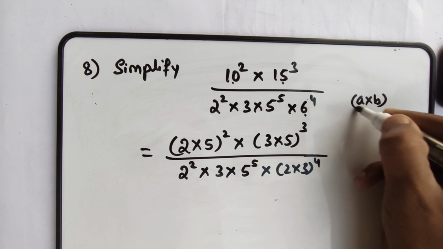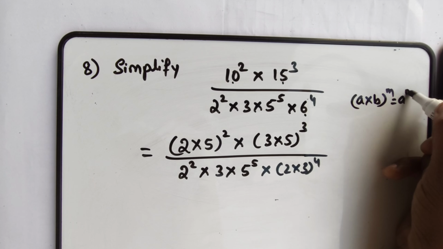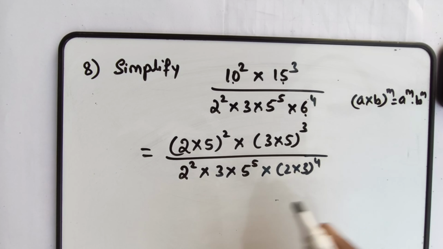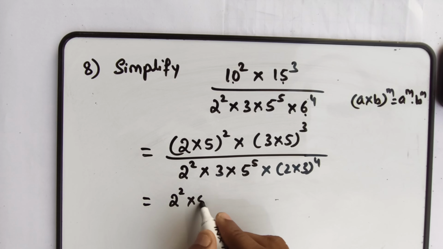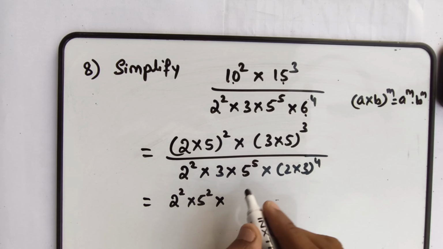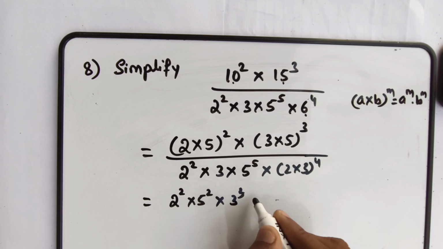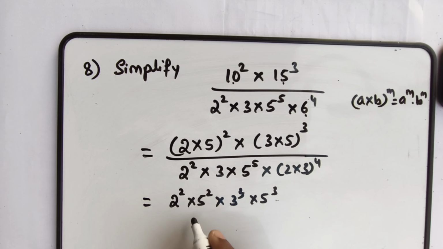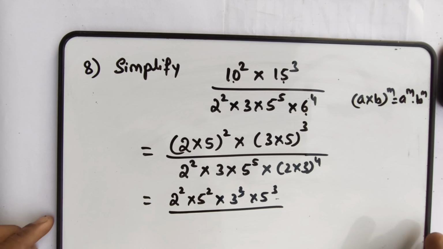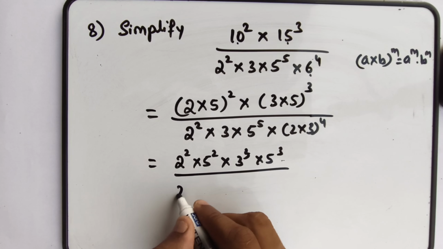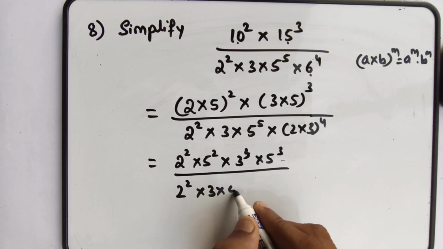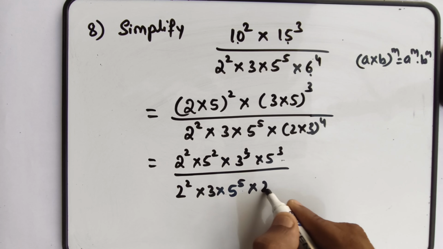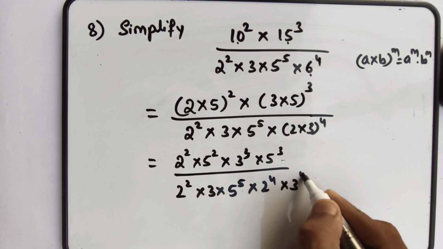We know that if (a into b) to the power m, then it can be written as a to the power m into b to the power m. Similarly, 2 to the power 2, that is 2 square, 5 square, now 3 cube, 5 cube. Similarly, denominator I'll write now: 2 square into 3 into 5 to the power 5 into 2 to the power 4, 3 to the power 4.